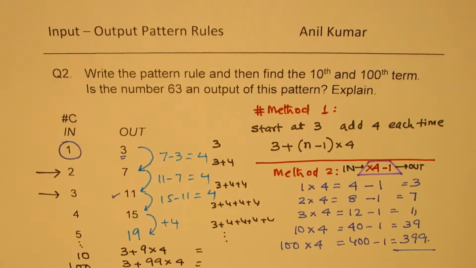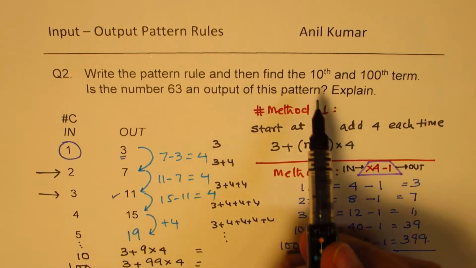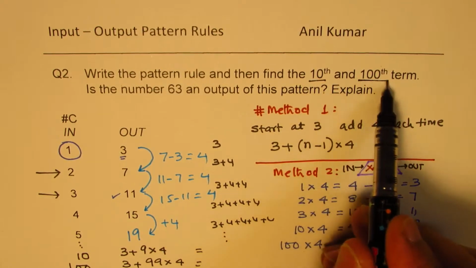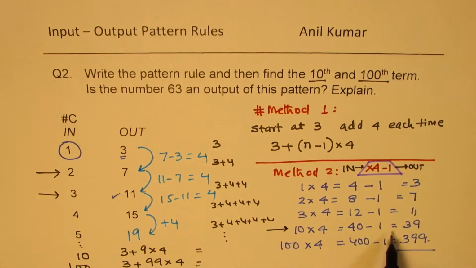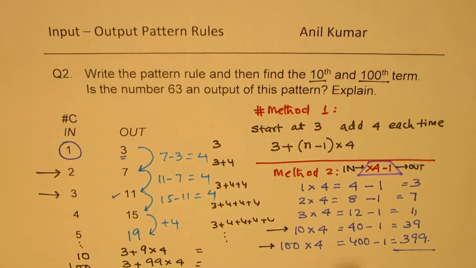So times 4 and then take away 1 becomes the rule. Perfect. So using this rule, we have found the 10th and the 100th number. So the 10th number will be 39, 100th number will be 399, which you can also find with the first method.